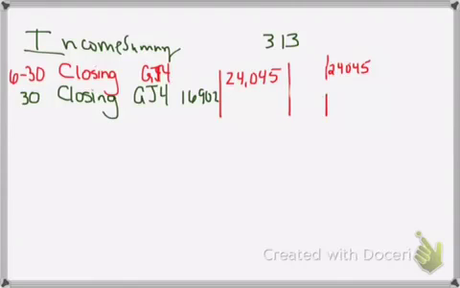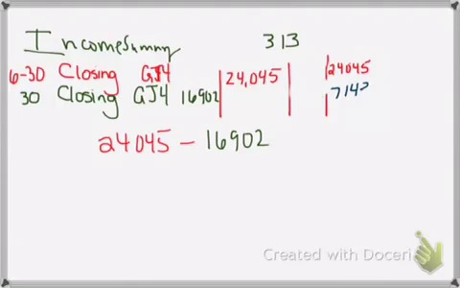So now I have a debit and a credit. I'm going to take the debit of 24,045, and I'm going to subtract out that credit of 16,902. And when I do that, I'm going to end up with a balance in the account of $7,143.